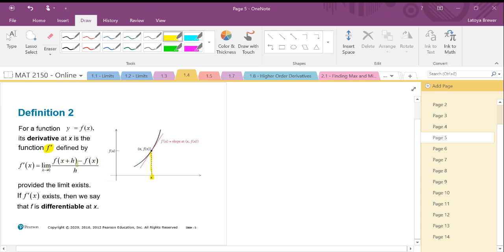We use the difference quotient, and we find the limit as h approaches 0 of the difference quotient at that particular point, provided the limit exists. So if f prime exists, in other words, if we can find the difference quotient at that point, then we say that function is differentiable. In other words, we can find the derivative. That's what that means.